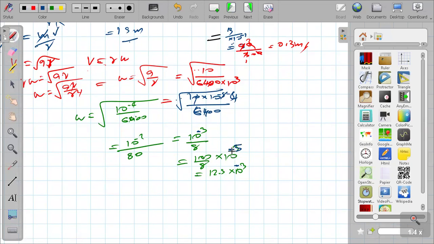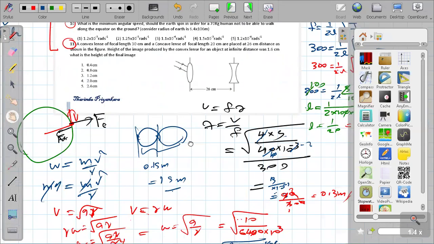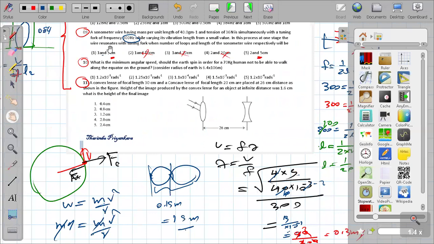I have to make it minus 5 here because I just have one side. Minus 5, then 1.25 into 10 to the power minus 4. Let's check whether there is an answer like that. Yeah, 1.2 into 10 to the power minus 4 is the answer. That's there, a very long MCQ.